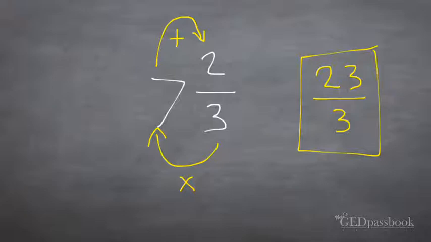No. 7 times 3 is 21. Plus 2. Yeah, we add the numerator. You multiply the denominator with the whole number, and then you add the numerator.